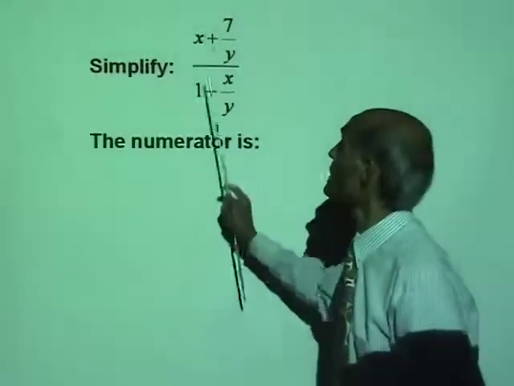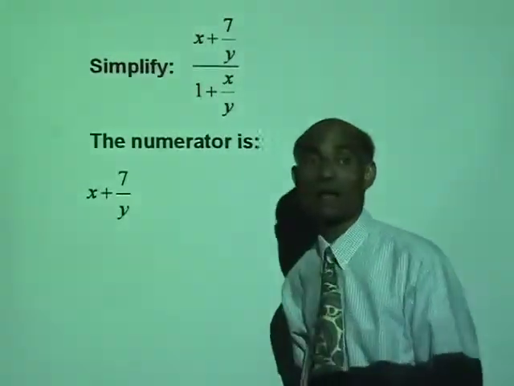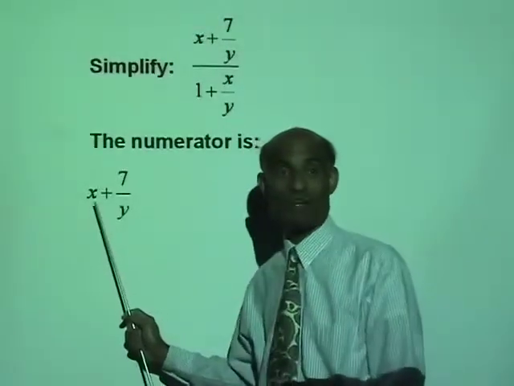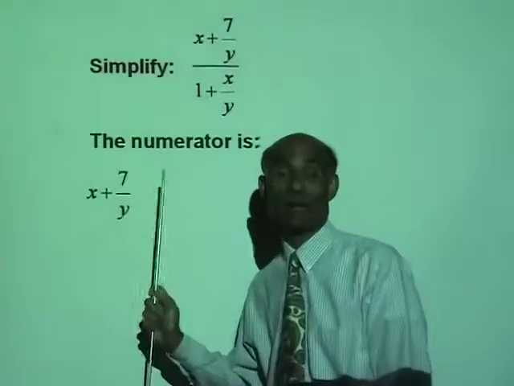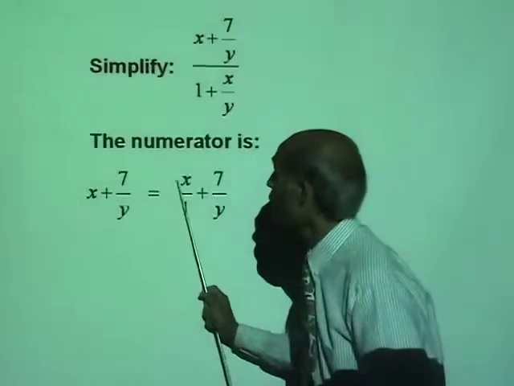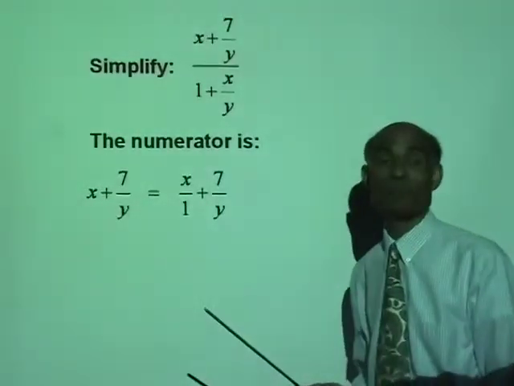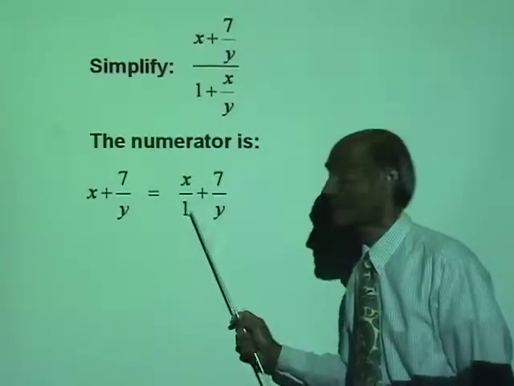So the numerator is x plus 7 over y and we need to take a common denominator. What is the common denominator there? This x is x over 1. I hope you understand that. Now, this will be x over 1 plus 7 over y. The common denominator is y.